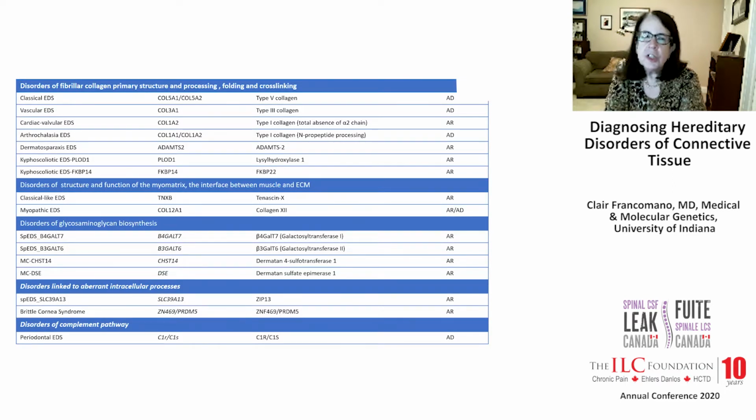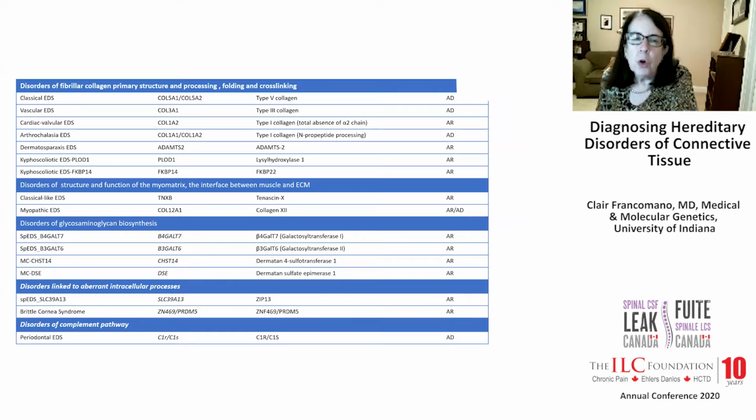The Ehlers-Danlos syndromes now include 14 different types that we recognize. Of those 14 types, we know the underlying pathology and genes for 13. We divide the Ehlers-Danlos syndromes into disorders of fibrillar collagen primary structure and processing, folding and cross-linking, and disorders of structure and function of the myomatrix, which is the interface between muscle and the extracellular matrix.